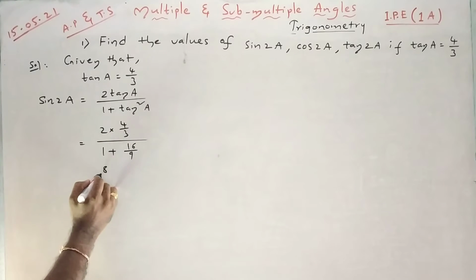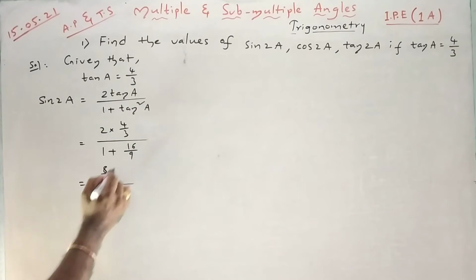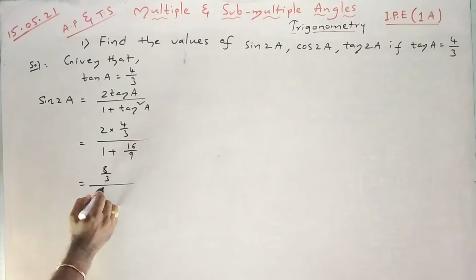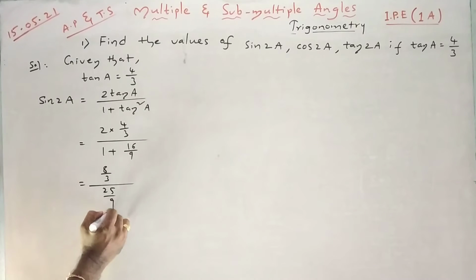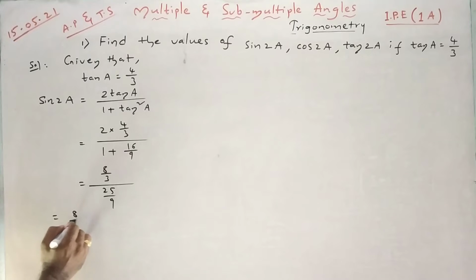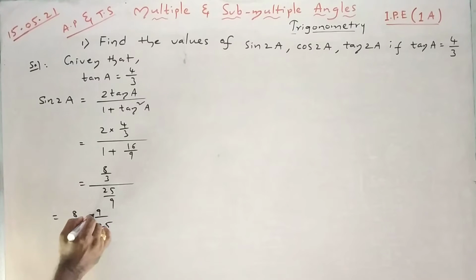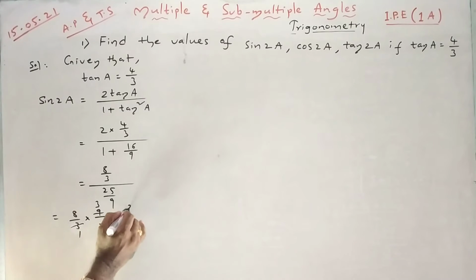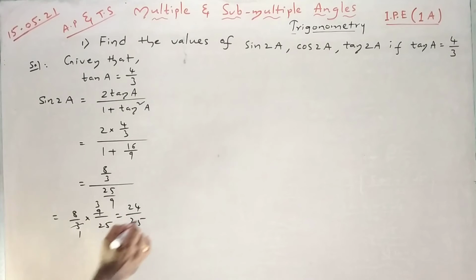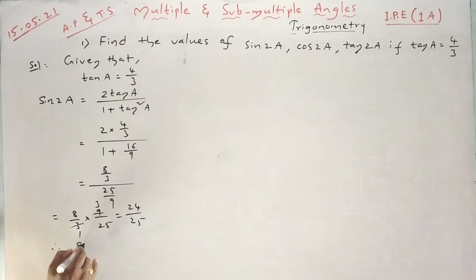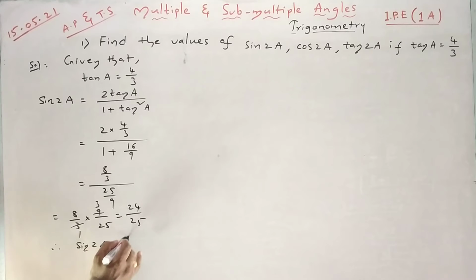This is 8 by 3, 9 plus 16, take LCM, 25 by 9, that is 8 by 3 into 9 by 25. 3 ones are 3, 3 threes are 9, 8 threes are 24 by 25. Therefore, sin 2a value is 24 by 25.